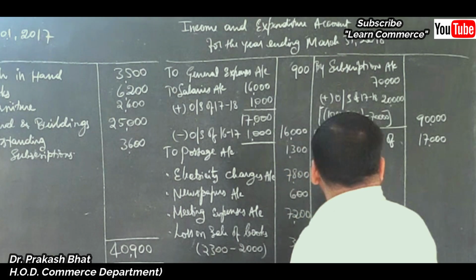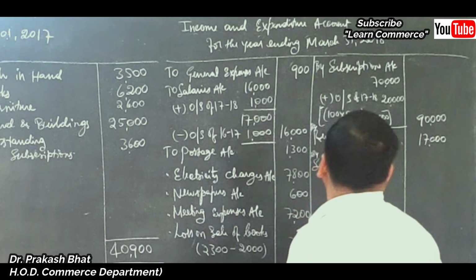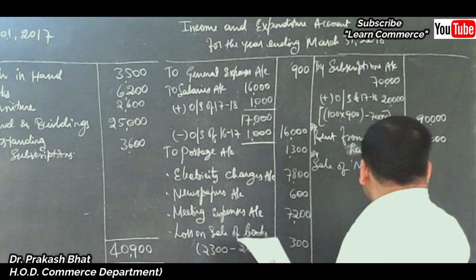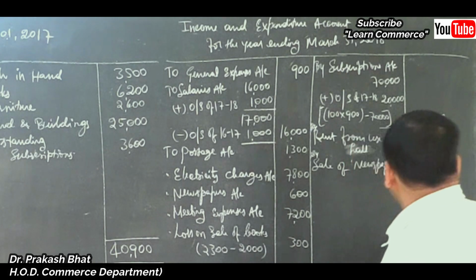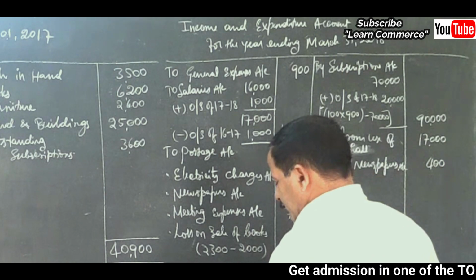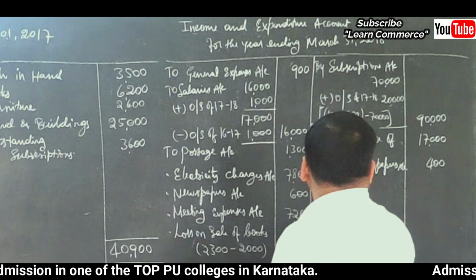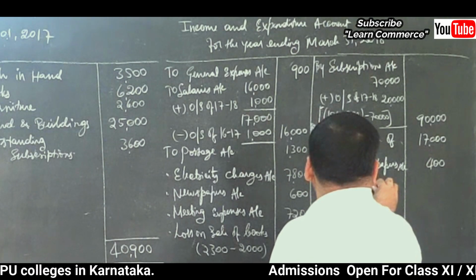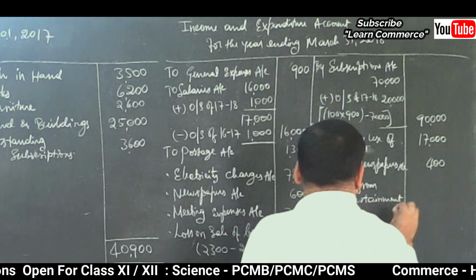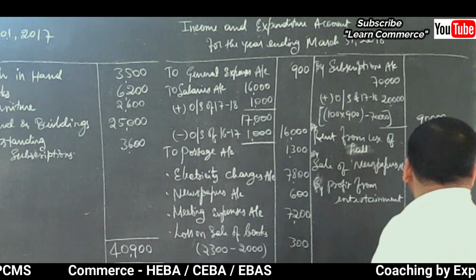Then by sale of newspapers, 400. Then by profit from entertainment, how much is it? 7,300.